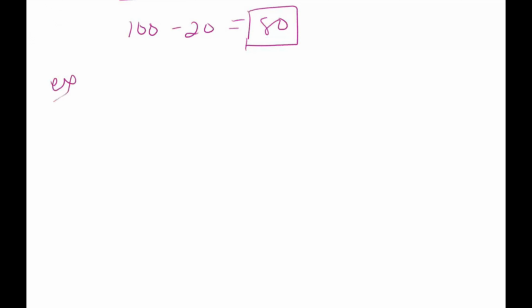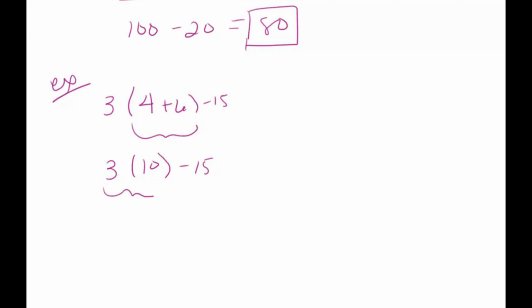Okay, what if we did another example, something like 3 times the quantity 4 plus 6 minus 15, and we need to evaluate this. Notice that we need to do our parentheses first, which would be 4 plus 6, which is 10. And now remember, I said to you in a previous video that when you have two values next to each other with no indication of operation, we assume that means multiplication.